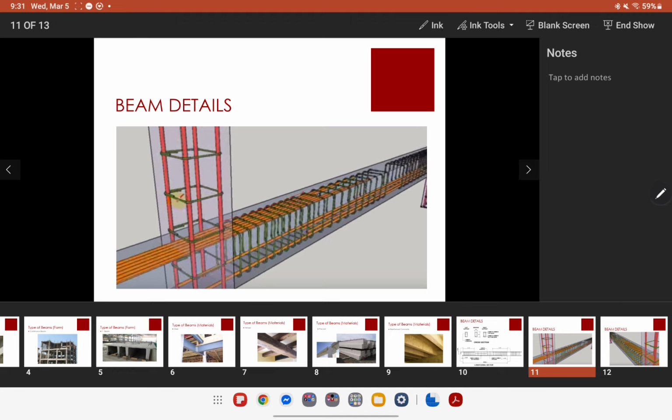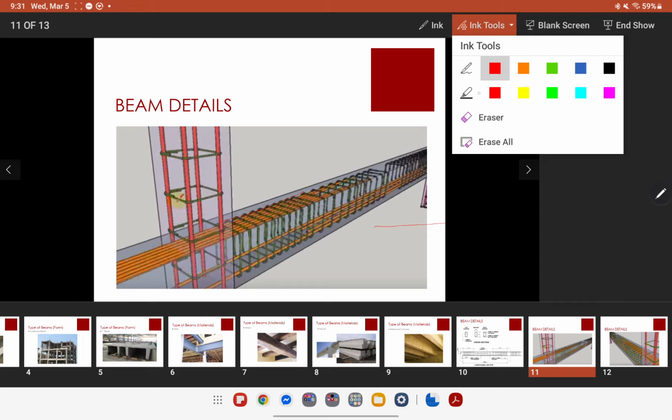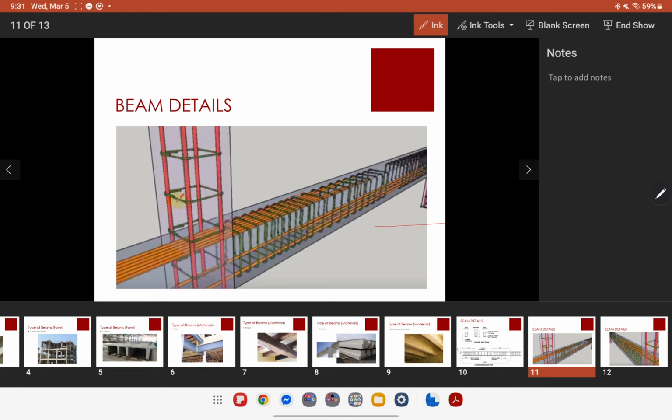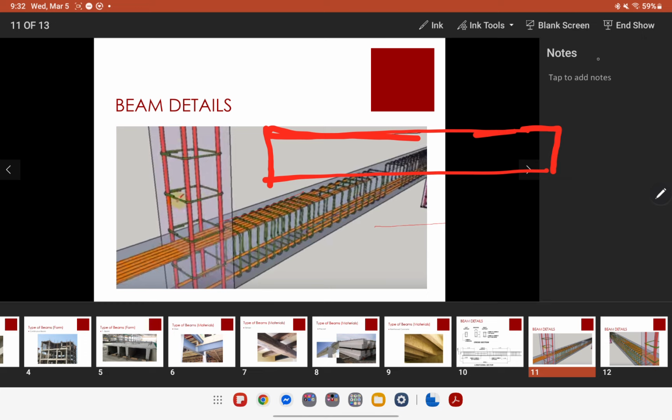If you've already taken mechanics, you will learn that beams, when they are loaded, will bend like this.